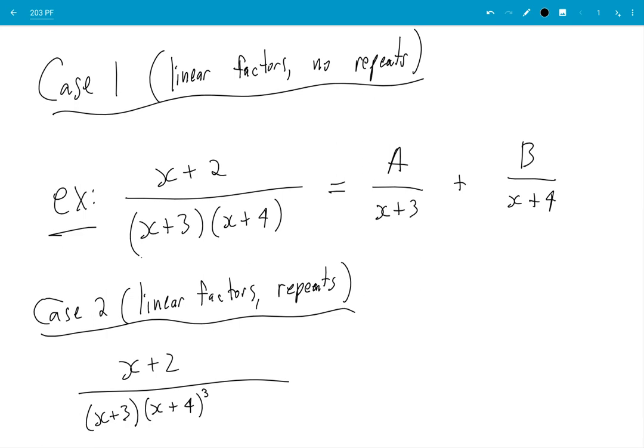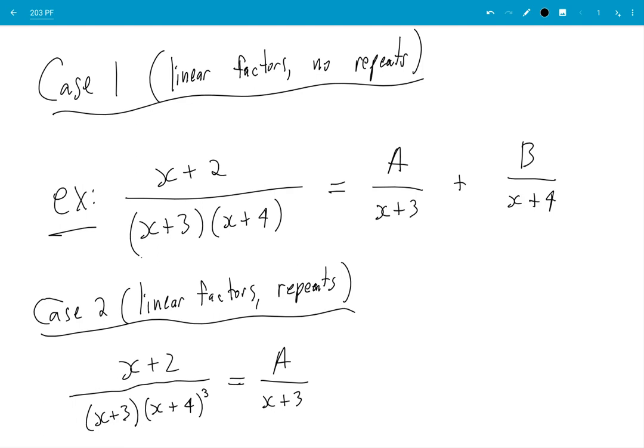Oops. So what you do there is you would make that a bit shorter. You would take x plus 3 and say, well, that's not repeated. This one here is not repeated.